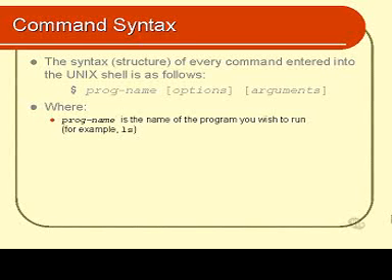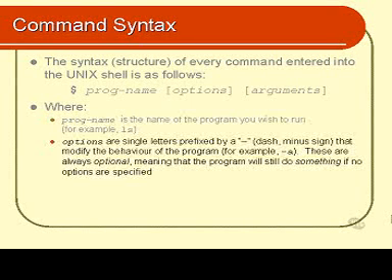So, prog name, first, is the name of the program you wish to run, such as ls or cal or uname or passwd or whatever it is. It's a simple one-word thing. There are no spaces in there. Next, we have some options. Now these are single letters, a single letter option such as a.